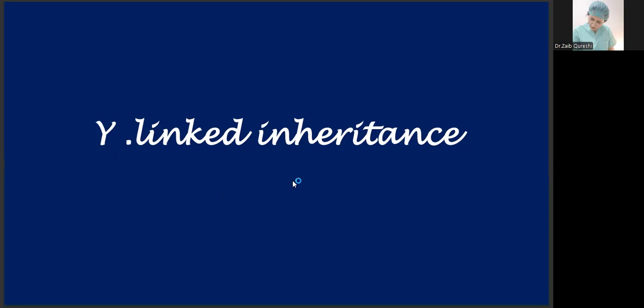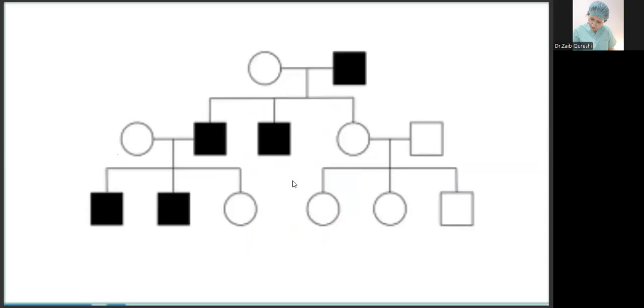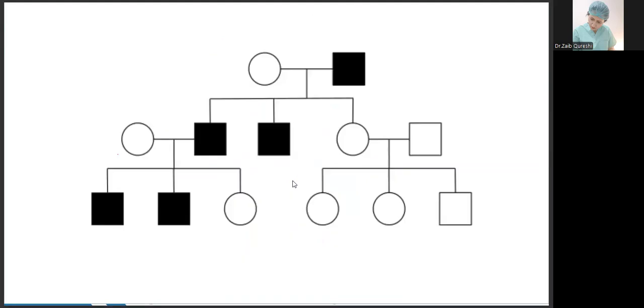Y is only for the male gender. This is a very simple concept. You will not think about it for another minute and you will say no. A Y-linked disease cannot affect daughters. It will only affect males, and it will affect all the males of the family.